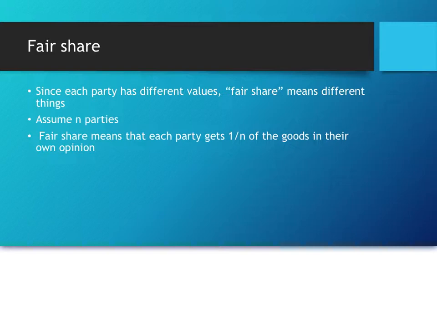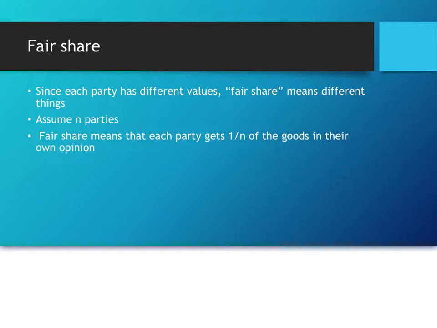Okay? So, basically a fair share is that each party thinks that they get at least 1/n of the goods in their own opinion. All right? Now let me point out what this means.